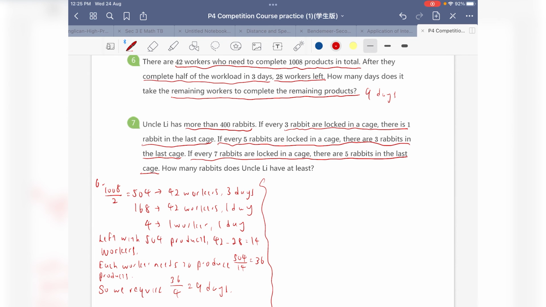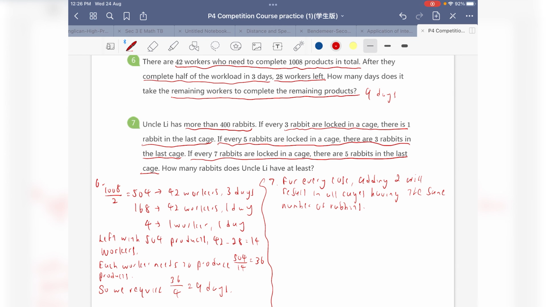Now, if you guys notice something, that's the first thing that you must notice in this question. For every case that they have shared with us, adding 2 will result in all cages having the same number of rabbits.